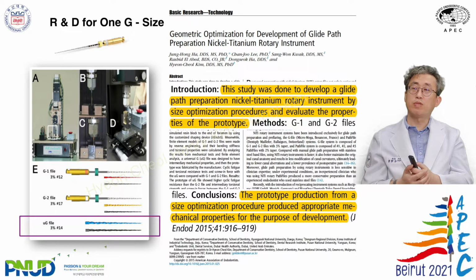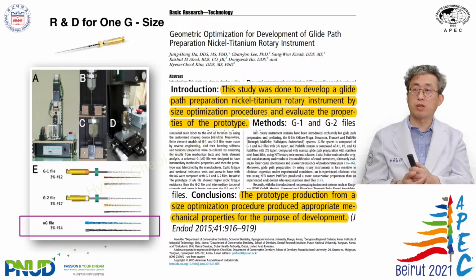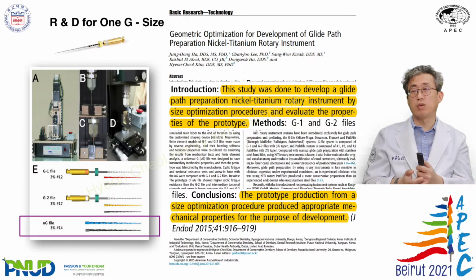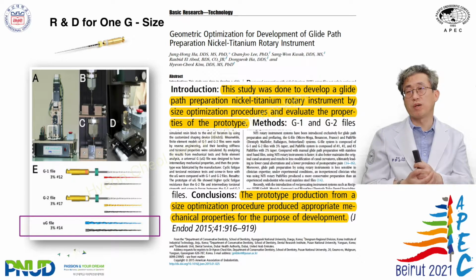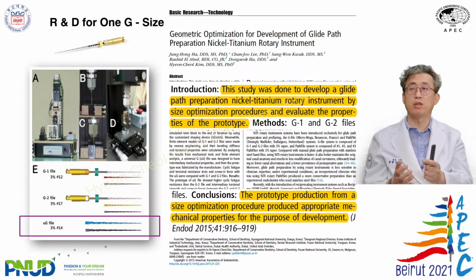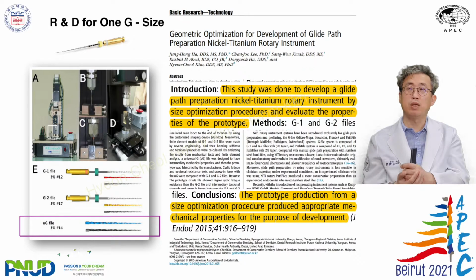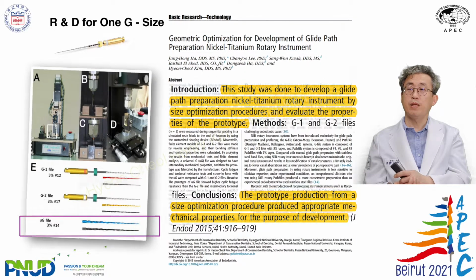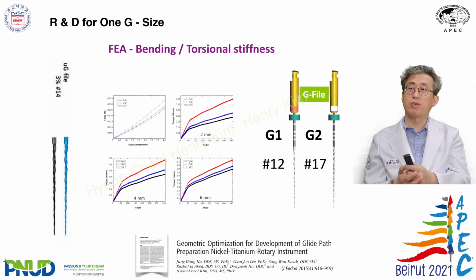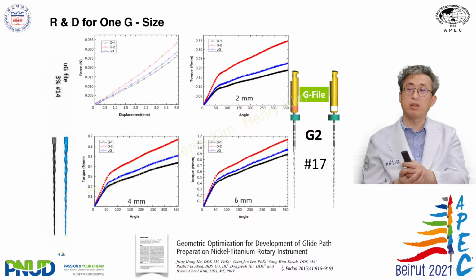We have used the finite element studies and fracture test together by using the prototype. At first, we made the virtual file using the finite element models. The size was between G1 and G2, between 12 and 17. So we made size 14 and taper was 3% as same. And we compared the mechanical property using the finite element analysis.